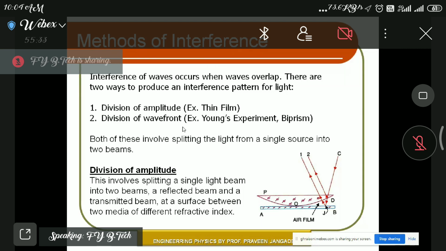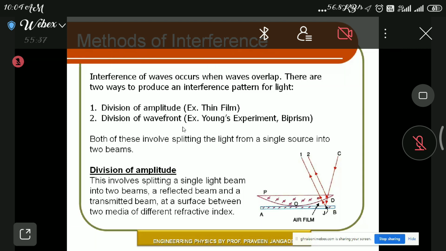Then a thick film is a film whose thickness is of the order of 10 micrometer to 50 micrometer. You can imagine our human hair, which is of the order of 50 micrometer, as well as aluminum foil or silver foil.